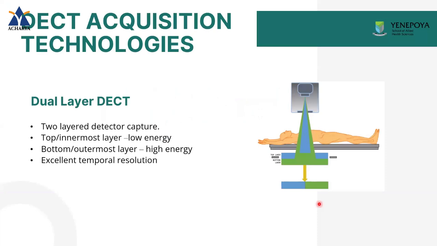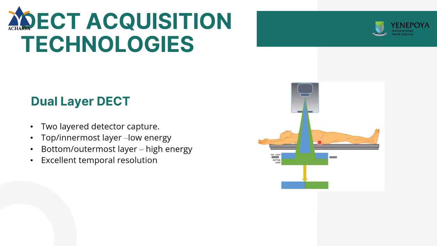What will happen is the detector will have two layers, the top layer and the bottom layer, or you can call it the innermost layer and the outermost layer. The top layer, or innermost layer, of the detector absorbs all the low energy photons, while high energy photons pass through the top layer of the detector and get absorbed in the bottom layer, or the outermost layer.